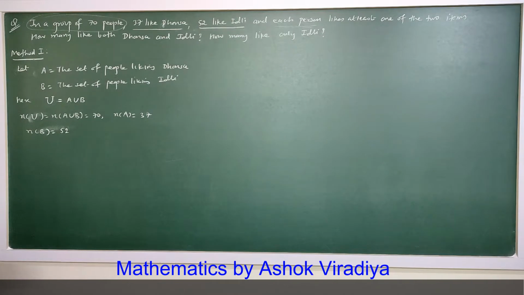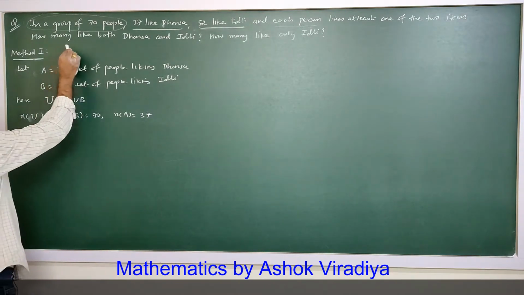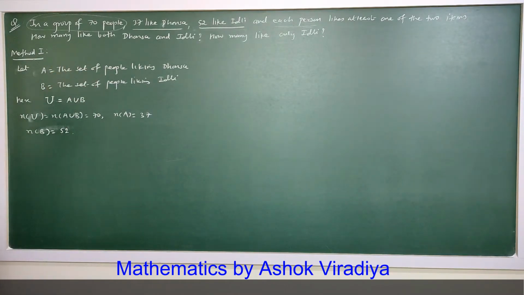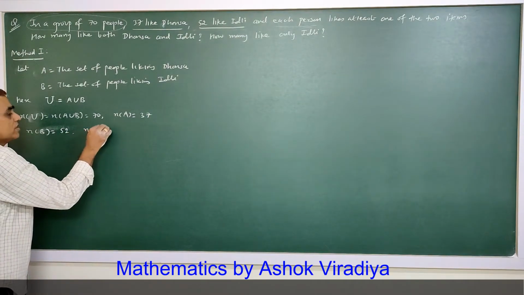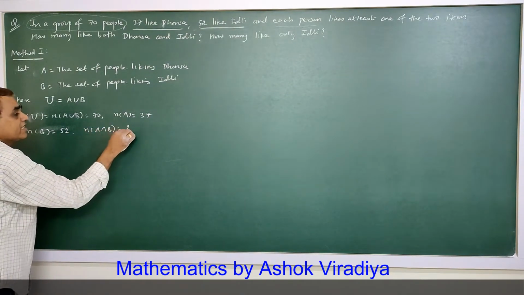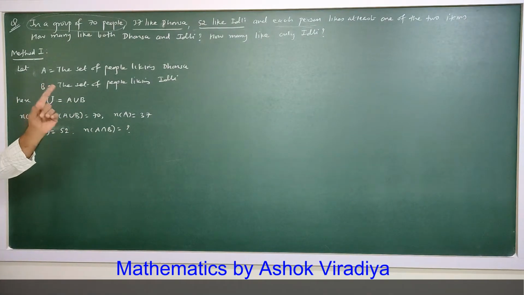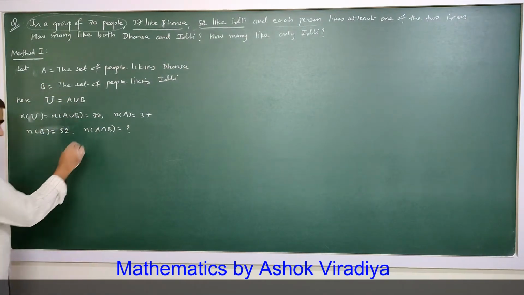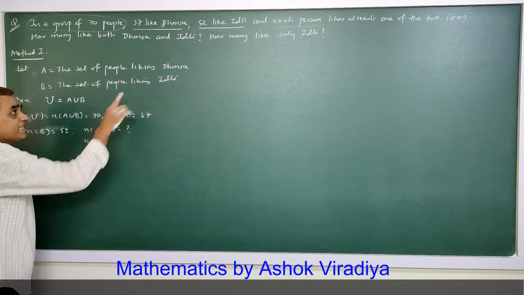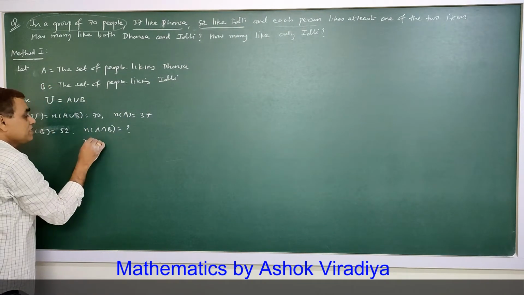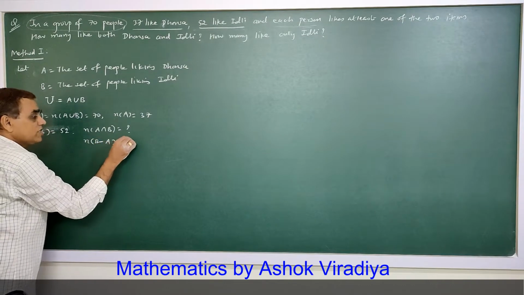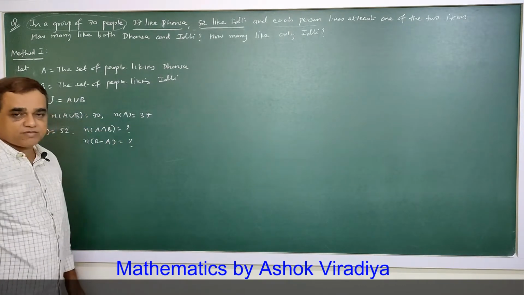The question is, how many like both dosa and idli? And how many like only idli? That means the number of elements in set B only, that is B minus A. So these values are asked in this question.